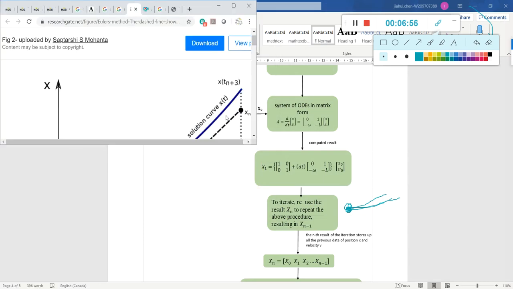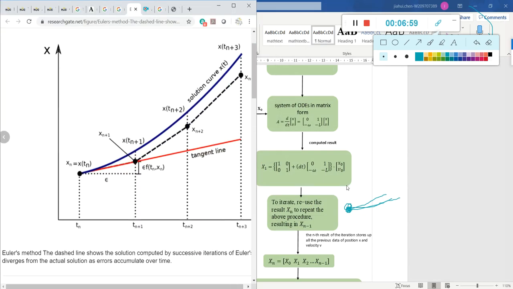And also the increment of time, dt. So with that I can find another point, x1. And then given x1 with another increment and the slope, the velocity found at x1, I can find x2.